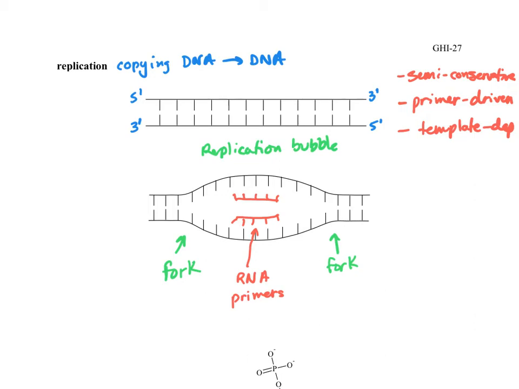Now, what we need to say is that we still have our directionality in an anti-parallel fashion, and it turns out that the new RNA that we just created is going to be anti-parallel as well. What that means is we are going to have this little primer going opposite to the strand that it is annealed or complementary to on the top.